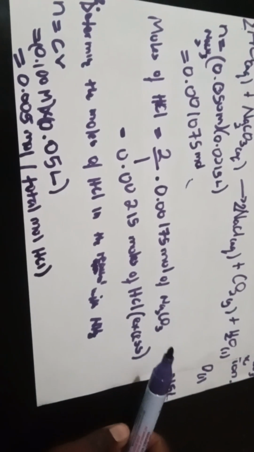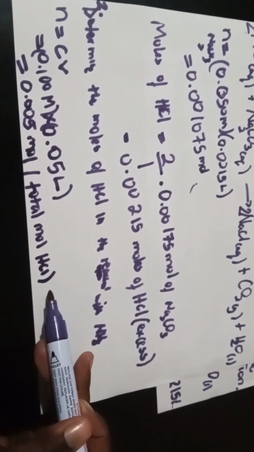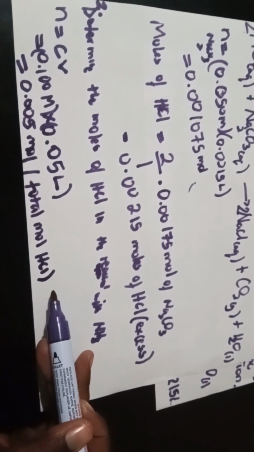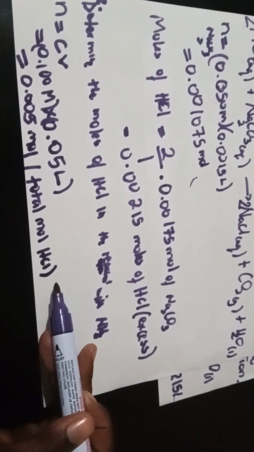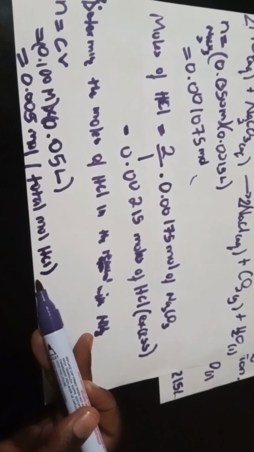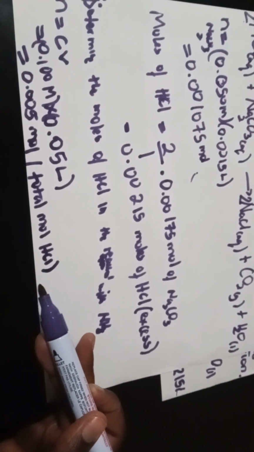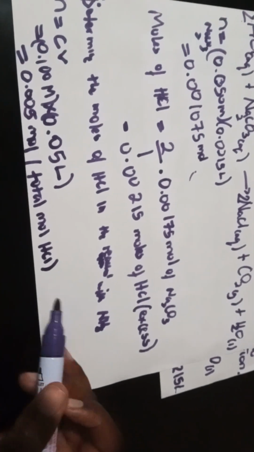Now we just need to calculate the mole of hydrochloric acid that actually reacted with our ammonia solution, because remember, this is the entire hydrochloric acid solution that was added to the ammonia solution, but we want to find out the amount that actually reacted with the ammonia solution. So we're gonna do that. Just need a new sheet.